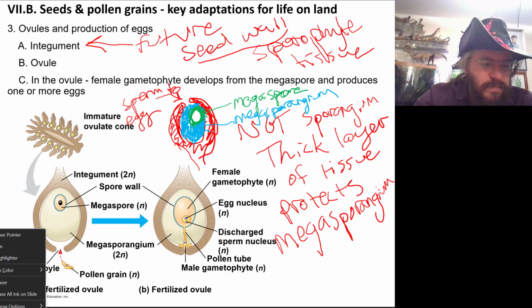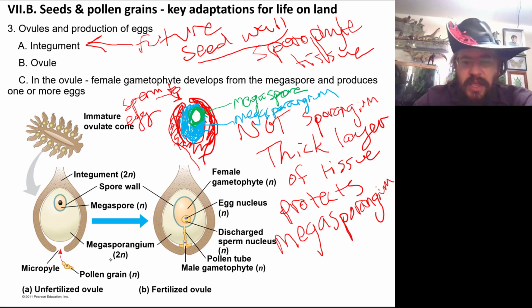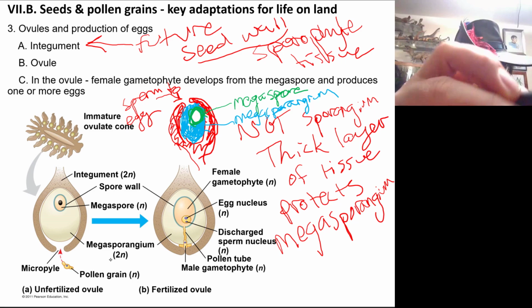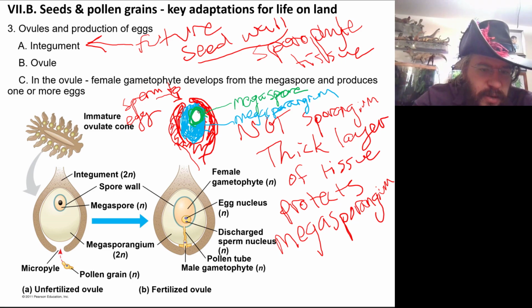Then that megaspore produces this itty bitty multicellular gametophyte. Just itty bitty multicellular gametophyte.